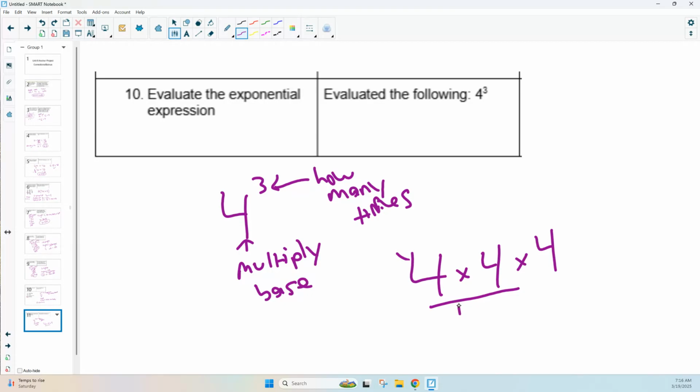Let's multiply it out. 4 times 4 is 16, times another 4 would give us 64. Again, not 12. We're not adding 4. It's not 4 plus 4 plus 4. It is 4 times itself 3 times. 4 times 4 is 16, times another 4 is 64.